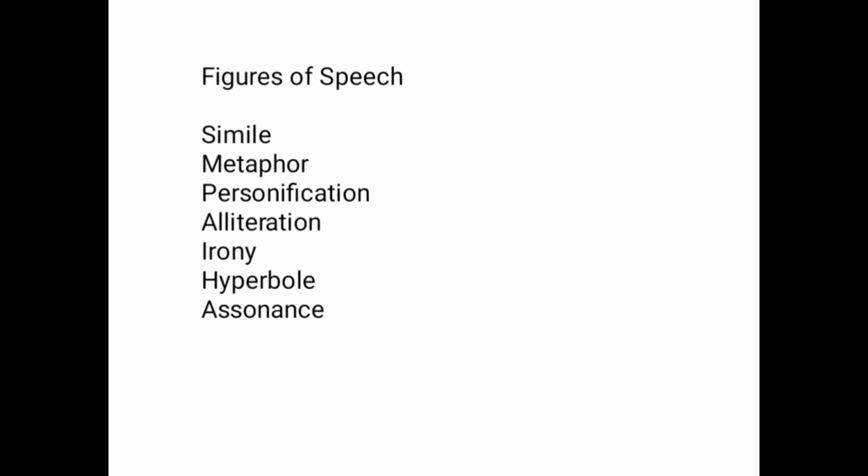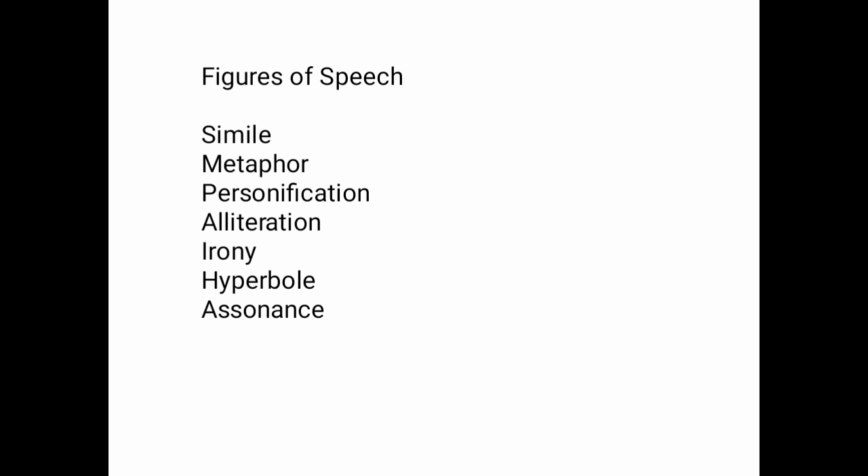So you see, as long as there is a sequential arrangement of words which begin with the same consonant sounds, you call it alliteration. And then the next one we have is irony.